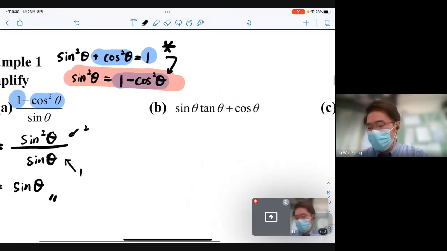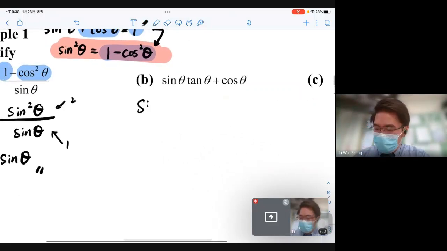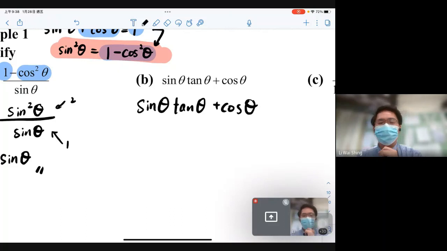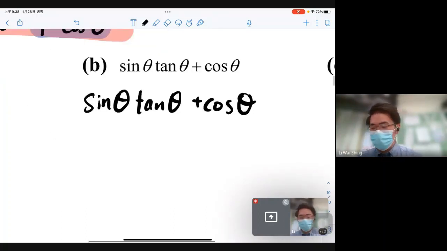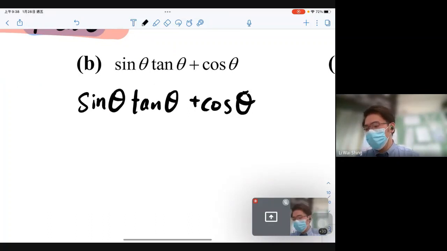Okay? And talking about section B: sine theta times tangent theta plus cosine theta. A lot of sine, cosine, tangent here. We need to simplify it. Okay, so Felix, finally you can come back. Tell me, how would you simplify this? What is your first step?